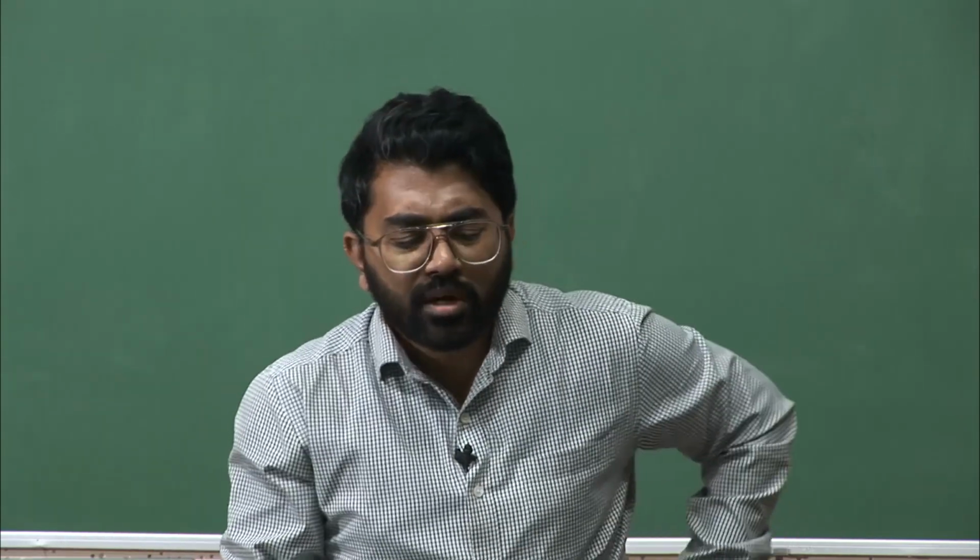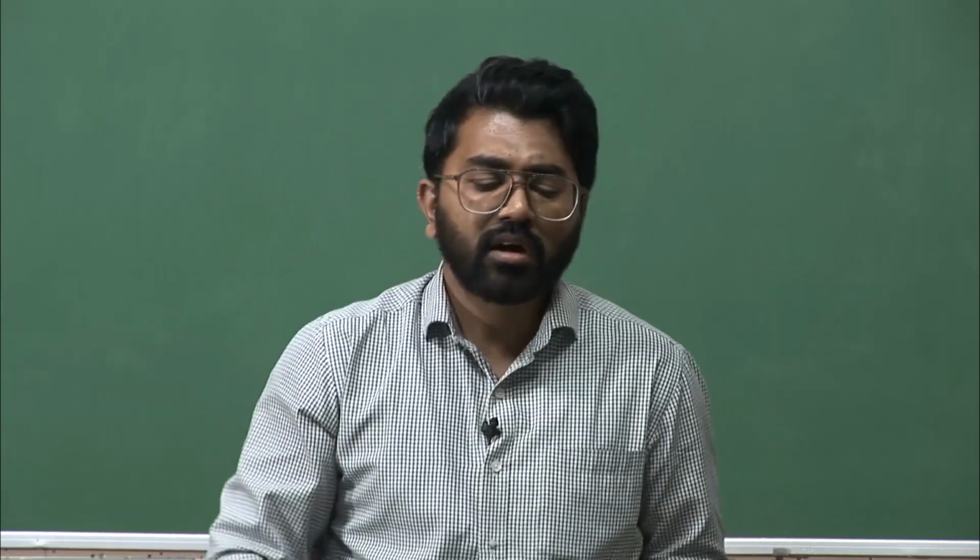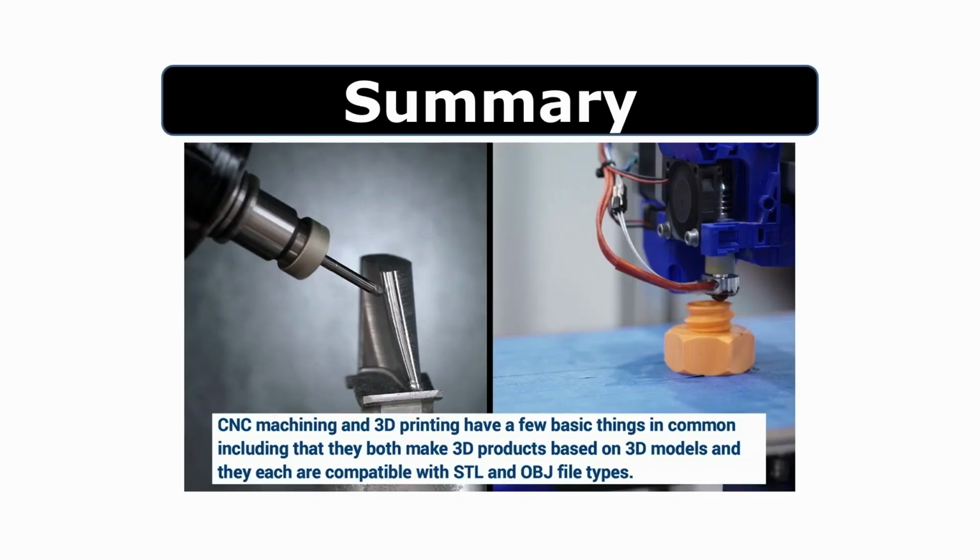So, to summarize the different manufacturing technologies which we have learned through additive and CNC subtractive manufacturing, these are majorly for prototype development or product development. CNC machining and 3D printing have a few basic things in common, including that they both make 3D products based on 3D models.